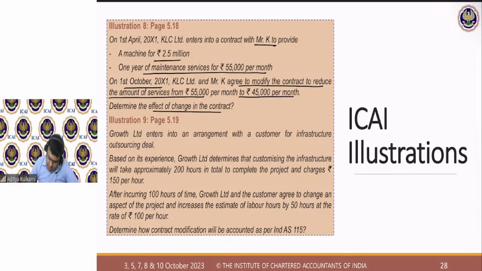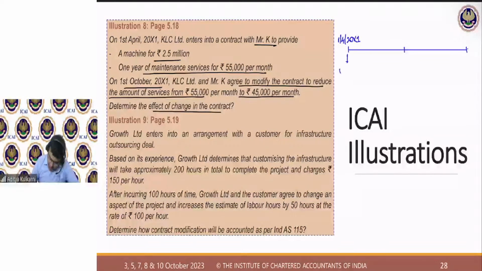So now let us understand with the help of a timeline. Okay, we have this timeline. On 1st April 20X1, you are entering into a contract with Mr. K. What are you going to provide on this day?